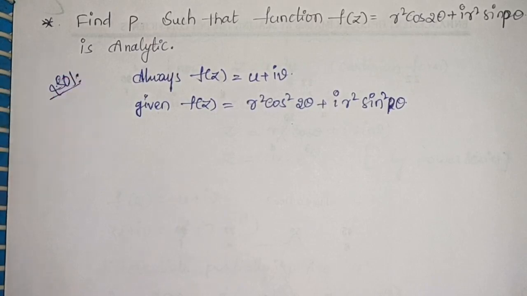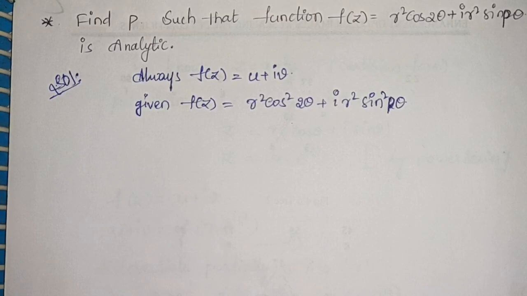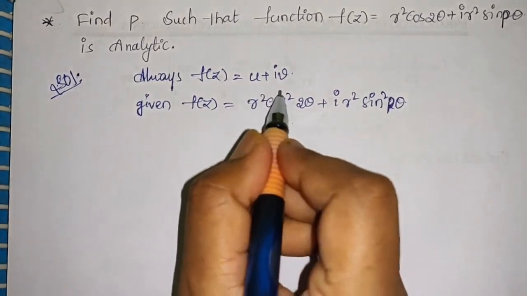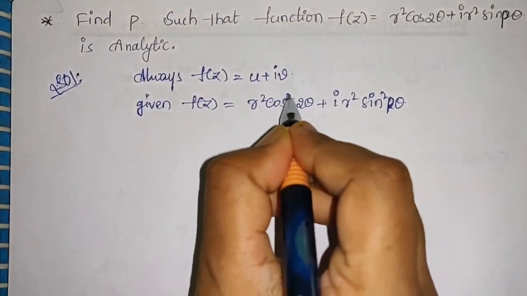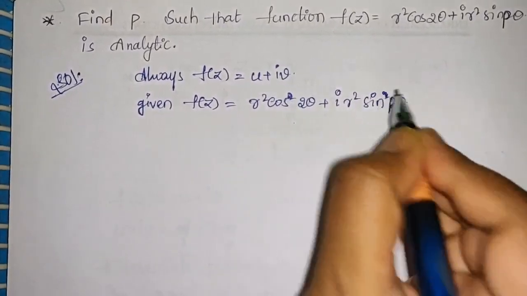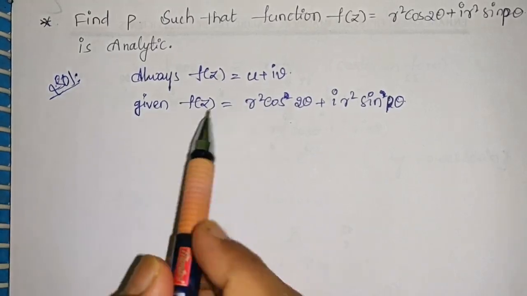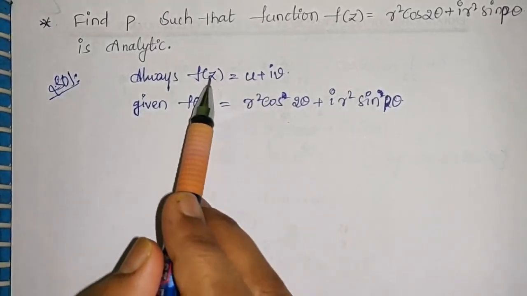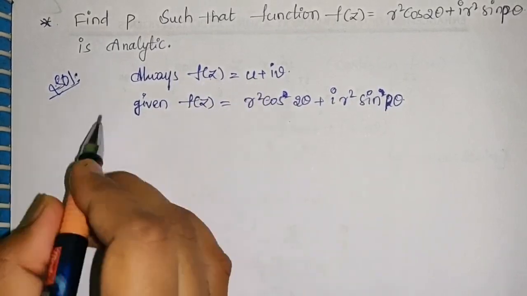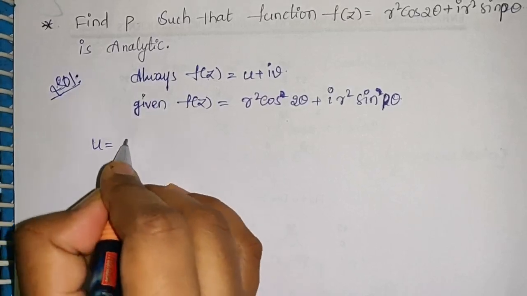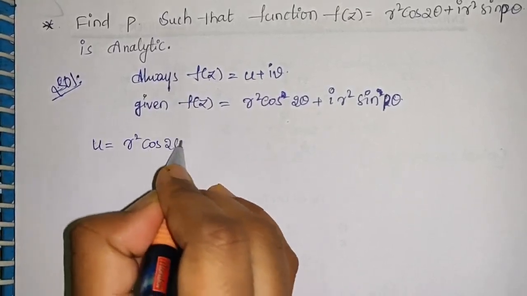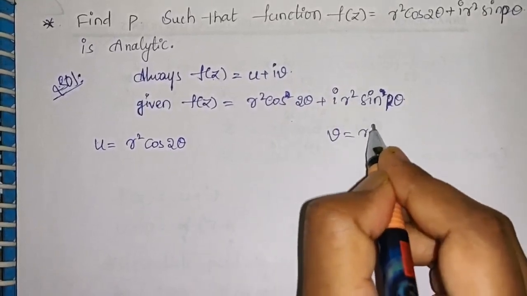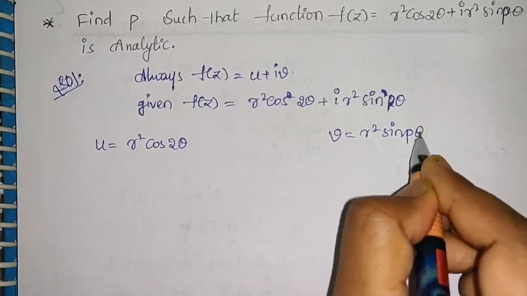Always f(z) equals u plus iv, that we know from the beginning of the chapter. Now the given function has r² cos 2θ and r² sin pθ. So comparing with f(z), we can write u equals r² cos 2θ and v equals r² sin pθ.